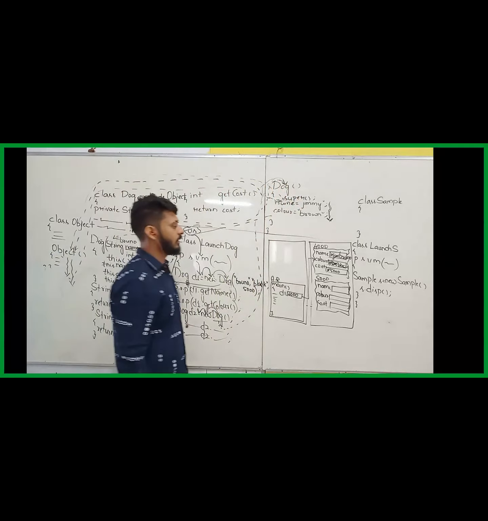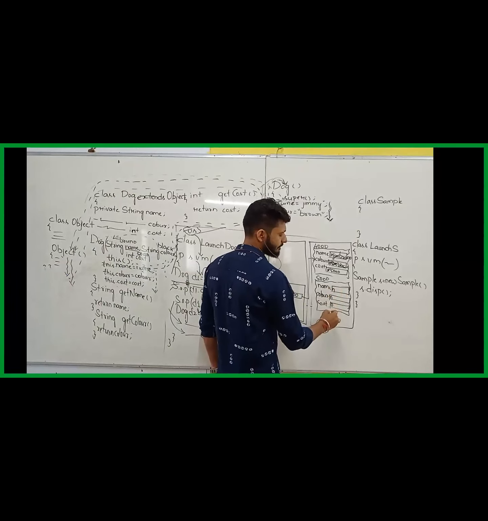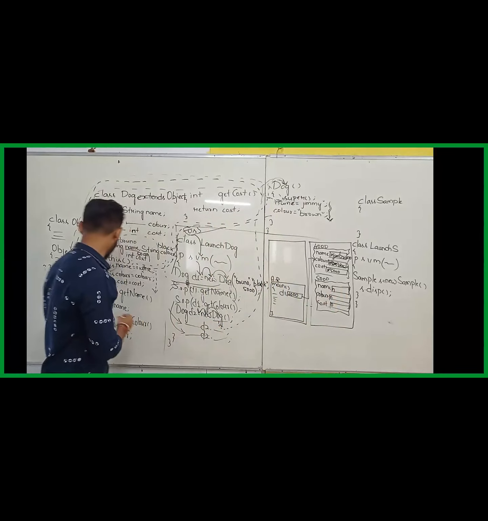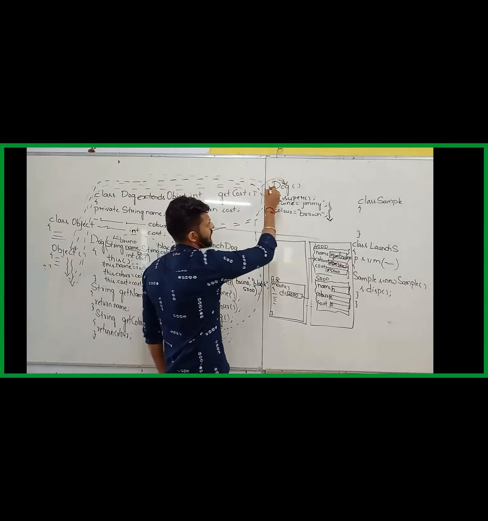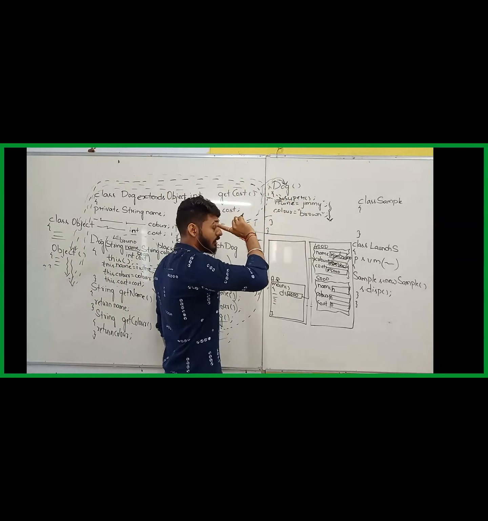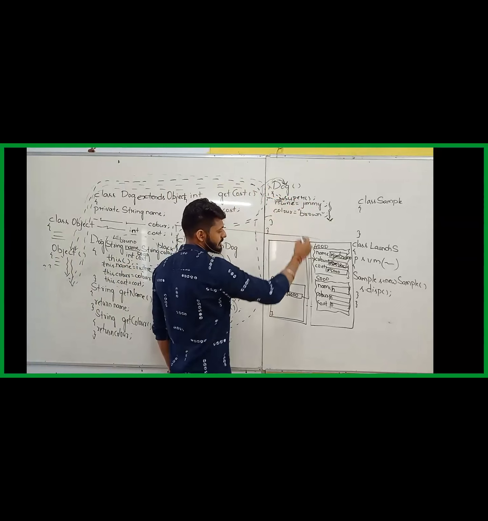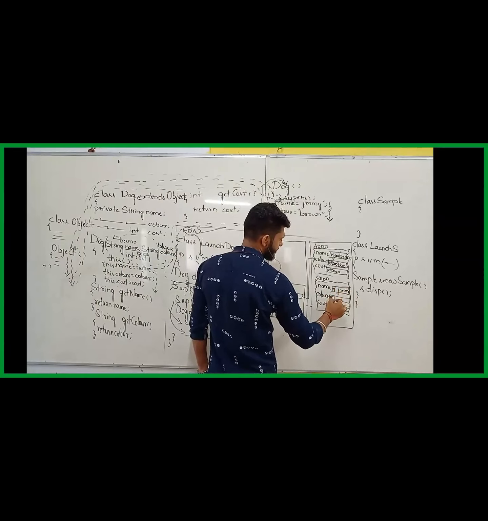Here I will try to write, and now the control will go back to the same place from where it came, that is because of this, and then it will check for a non-static block, and then it will try to execute this statement, Jimmy Brown.